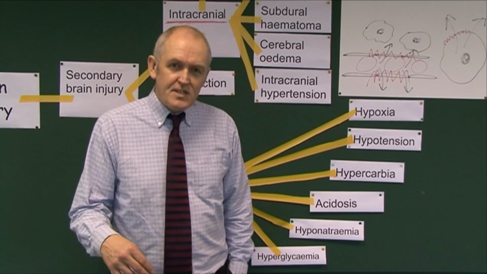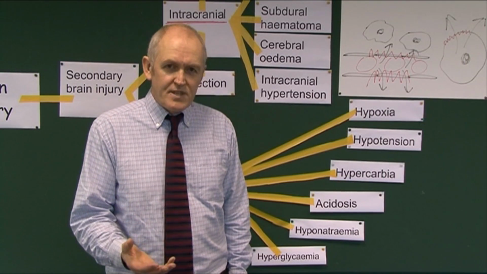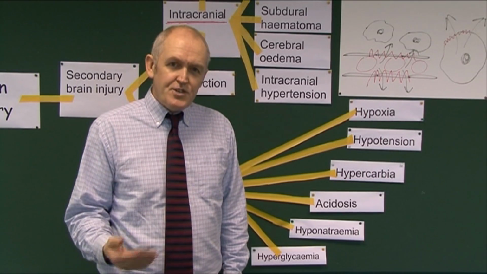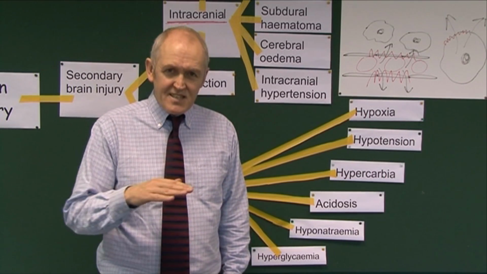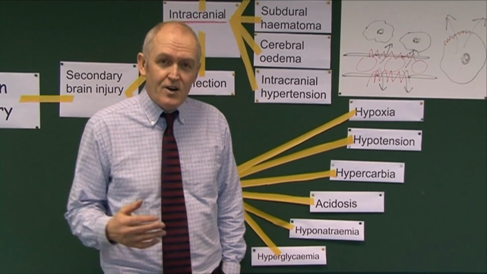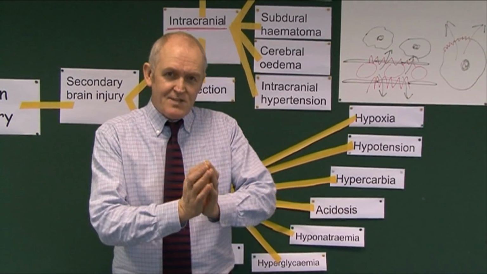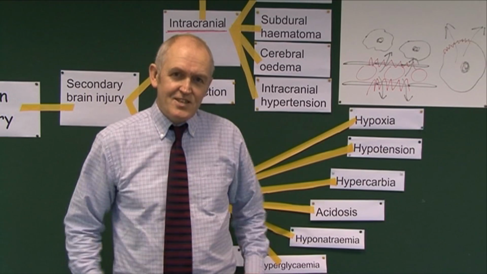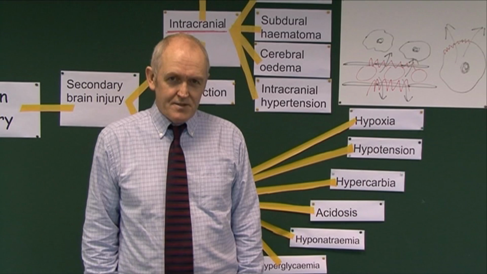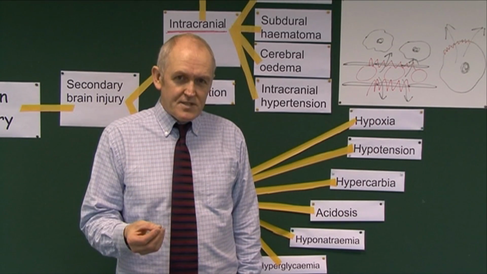So we don't want to give these patients large volumes of hypotonic intravenous fluids. We want to give them enough intravenous fluids, but they should be isotonic, meaning the same osmolarity as the plasma, or even hypertonic, with a higher osmolarity than the plasma. Because if we maintain the osmotic pressure, the plasma is going to suck the tissue fluids back in from the tissue spaces back into the blood. So it's a question of giving the right sort of intravenous fluids.